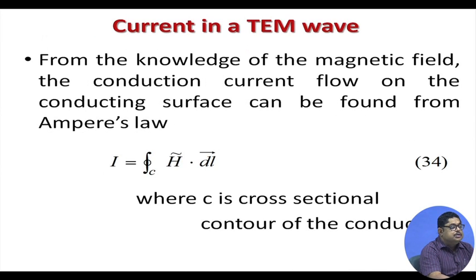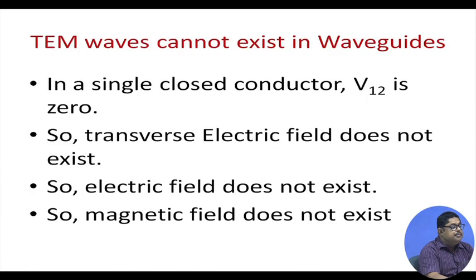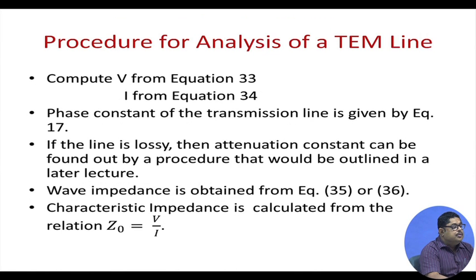So, once you know E, you can find V easily, and I from equation 34. Then find the phase constant of the transmission line, given by equation 17.